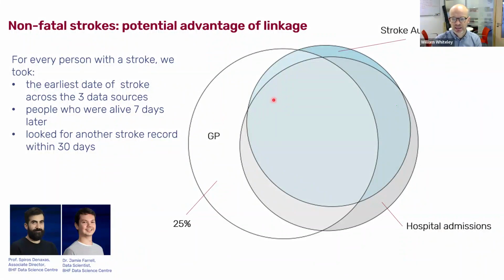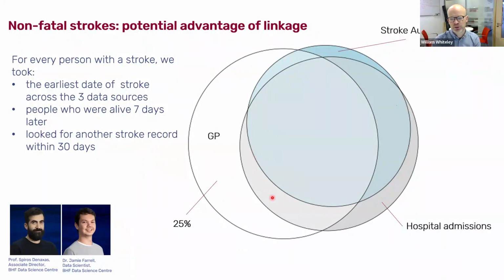So what we can see here is that if we only use data from the stroke audit, which we know is very carefully phenotyped, which is an advantage because every single person has been reviewed to some extent by a clinician, and we look at the overlap between people in the stroke audit and these other data sets, quite a reasonable number of people are missing.